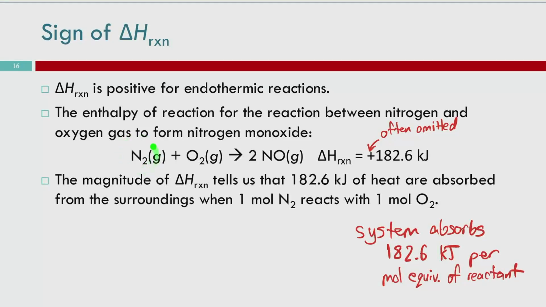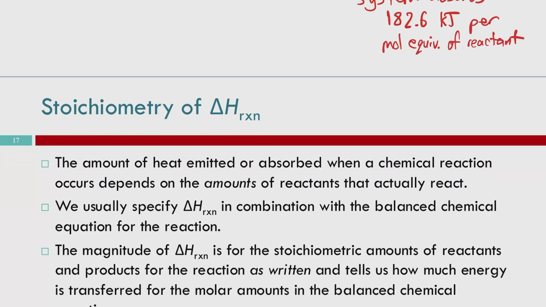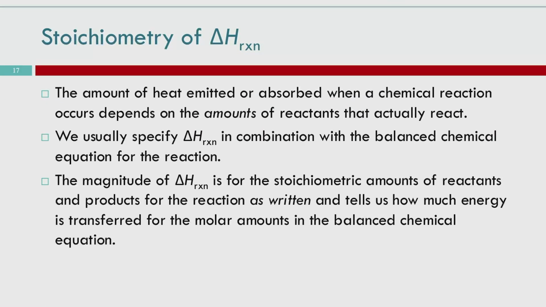Meaning that if we have 1 mole of N2 and 1 mole of O2 and they react, it's going to absorb 182.6 kilojoules of energy. If it's 2 moles of N2 and 2 moles of O2, then it would be double that amount. It'd be 365.2. The amount of heat depends on the amounts of reactants that actually react.